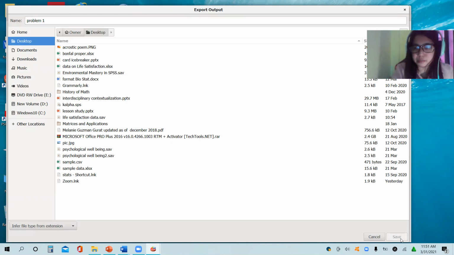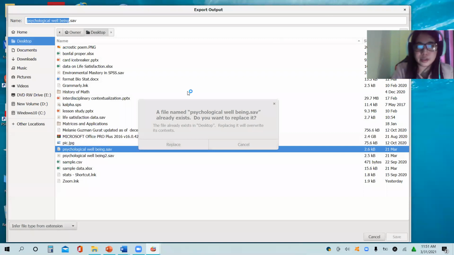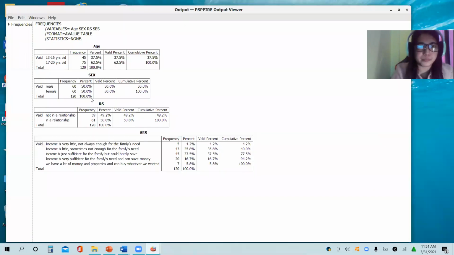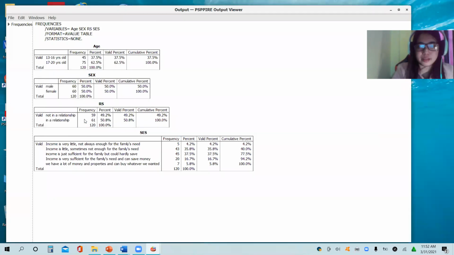We cannot save it. Okay, let's just try it. File, print, rather. So instead of doing that, file, print. Let us see. So it can actually be printed.